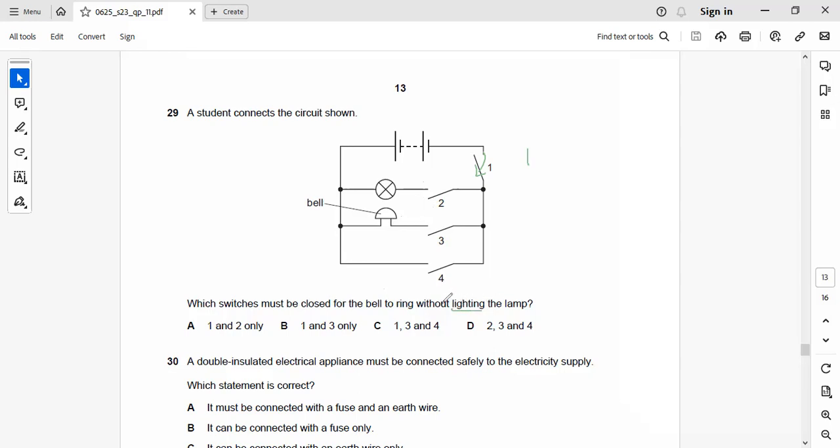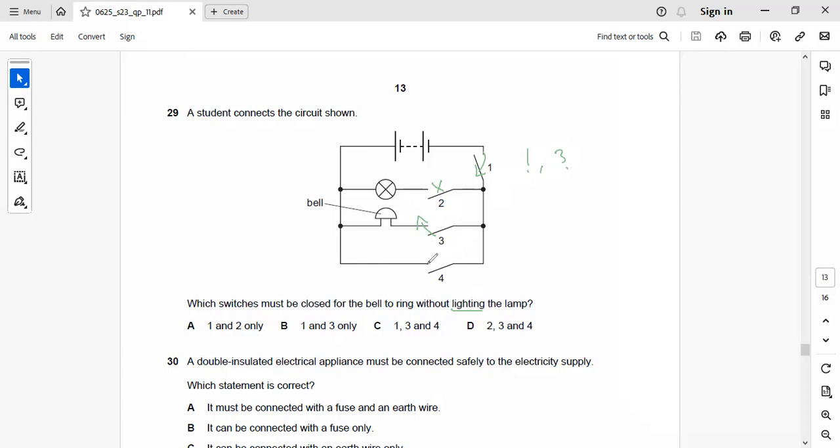Without lighting the lamp, the bell should ring. So 2 is not required. We will not close 2. For the bell to ring, we need to close 3. So 1 and 3 should be closed.